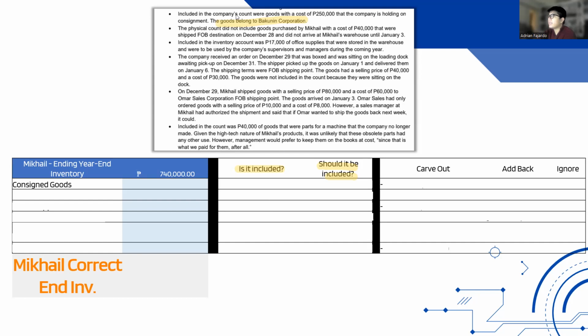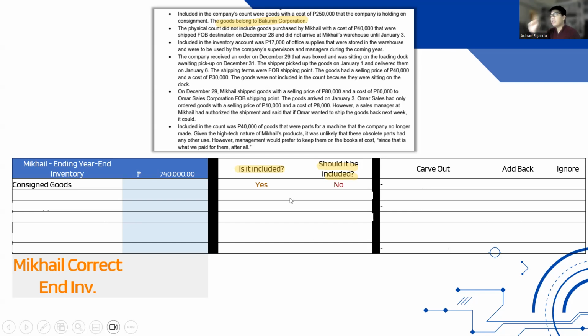Yes. Kasi it said included the company's count. So, they included it. Now, what is our analysis? These goods, physically with us, pero consigned lang. We're the consignee. The one who really owns it is Bakunin. So, we failed the legal test and therefore, should it be included in our inventory?